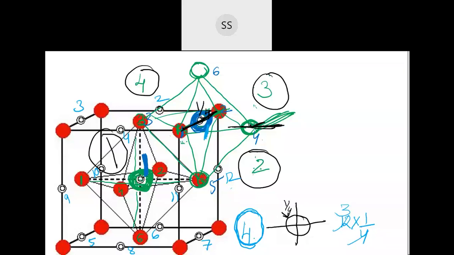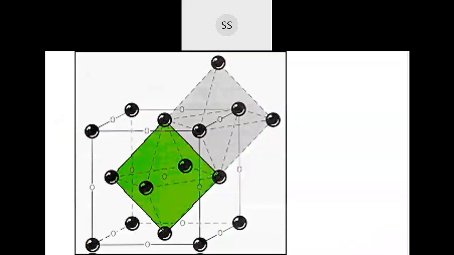Now see, this is another way of portraying it. You can see that the green one which is formed solely belongs to this unit cell. So this is one octahedral void. Another one which is formed, you can see the gray marked one, this is the other one. But this one which is formed is because of the contribution of 4 unit cells. It's not only because of 1 unit cell.